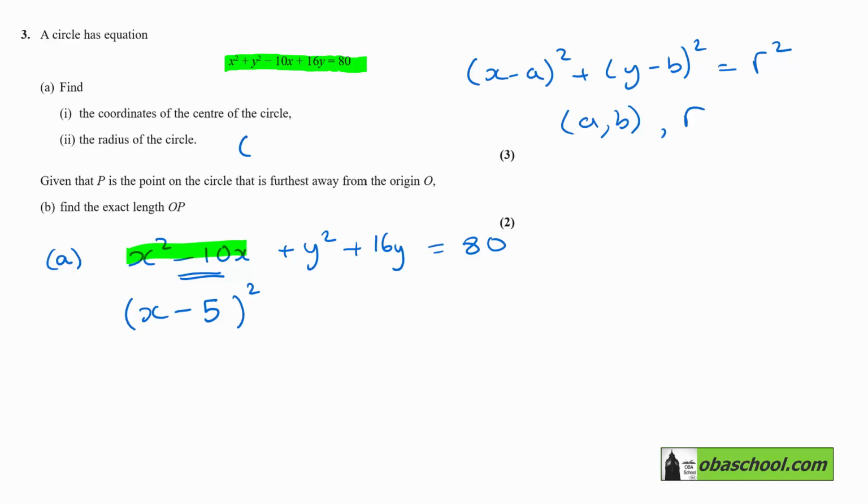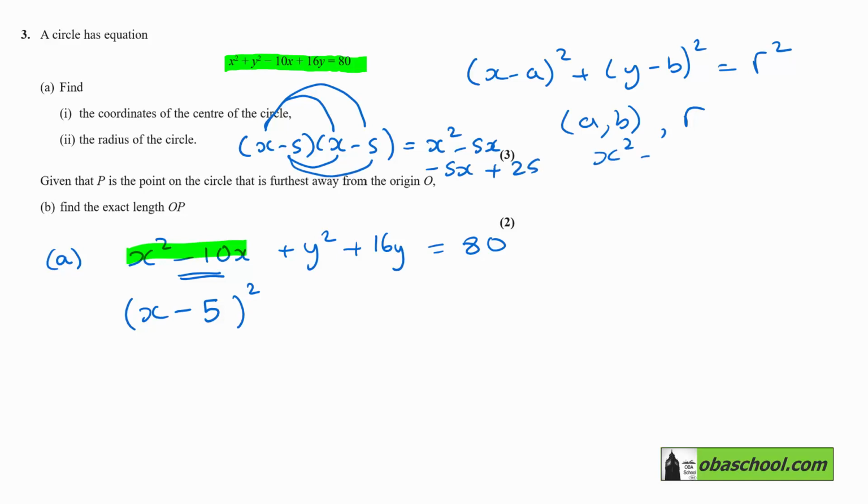Now when you expand (x minus 5) squared, you get x squared, take away 5x, take away 5x, plus 25, which simplifies to x squared minus 10x plus 25. The x squared we want because it's there, the negative 10x we want because it's there, but the plus 25 we don't want, so we're going to take it away.